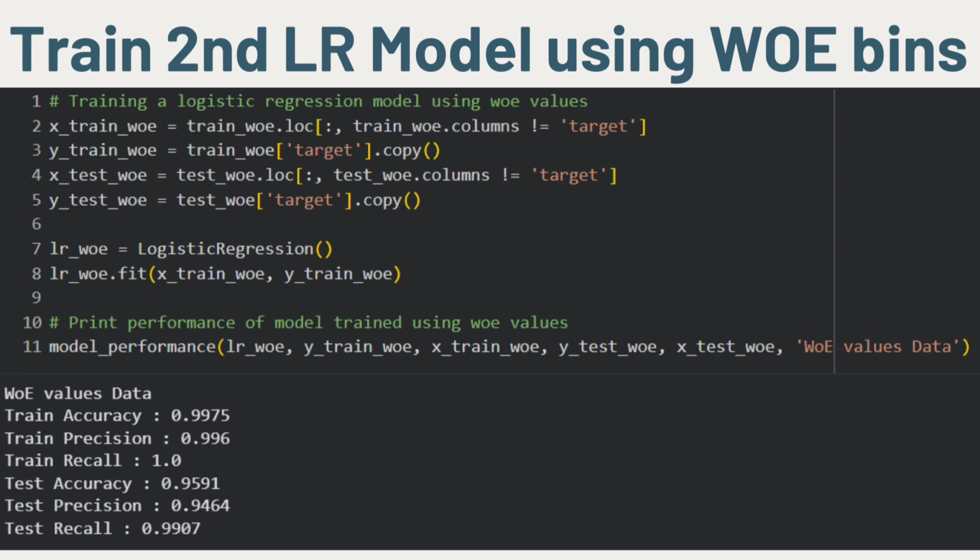Once done, we will train the model with the transformed WoE values as inputs and output the results as well. Similarly, there is a slight dip across all metrics in the testing dataset. But, we can see an improvement in the metrics compared to the model trained on raw data.